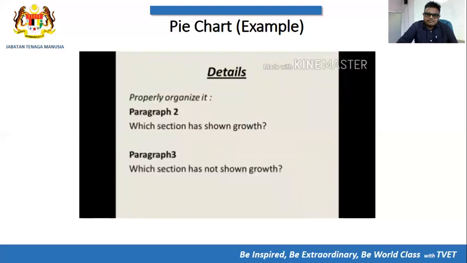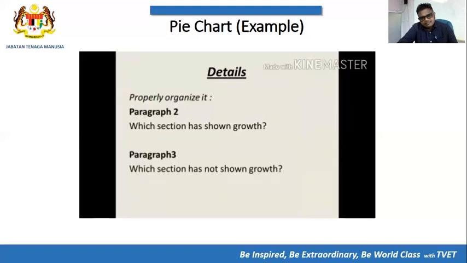And now coming towards, as I told you all already, paragraph 2. In paragraph 2, dear students, you need to write which section has shown more growth. And in paragraph 3, you need to write about which section has not shown growth. So in this way, you can write the 3 paragraphs.